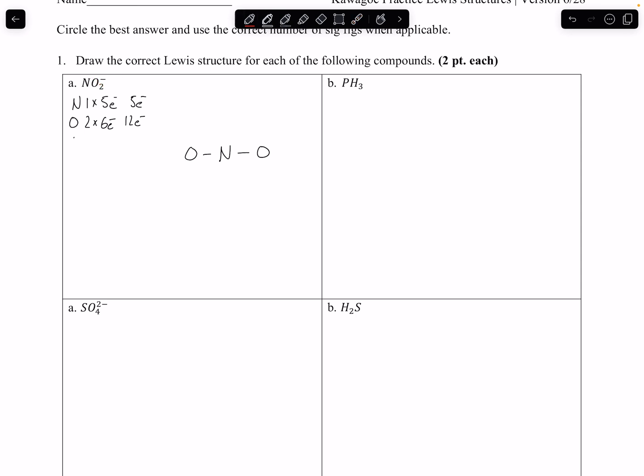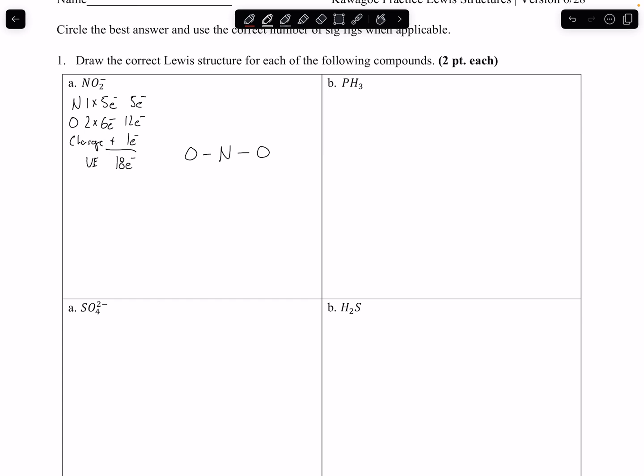So that negative charge means that I add one more electron. If it's a positive charge, we would subtract an electron. It's a negative charge, so we add one. So this is going to be 18 electrons.